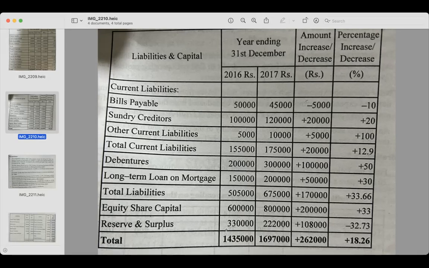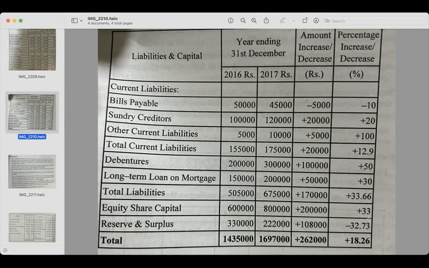Reserves and surplus 3,30,000 in the first year, 2,22,000 in the second year. There is an increase of 2 lakhs in the case of equity share capital and 1,08,000 in the case of reserves and surplus. So these two items, 2 lakhs by 6 lakhs into 100, 33%, and 1,08,000 by 3,30,000 is 32.73%.